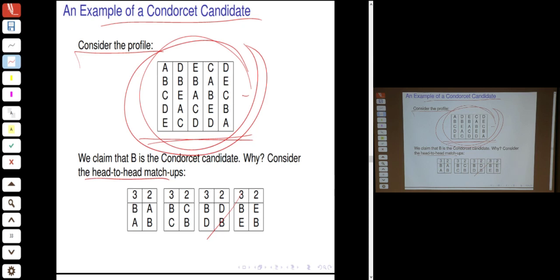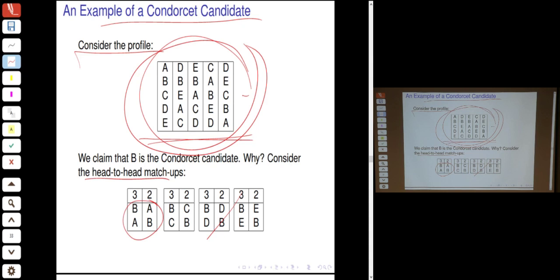Just the relative ranking of B and this other candidate would matter. The positions of the remaining 3 candidates would not be taken into account. Then B should win the simple majority of this head-to-head matchup with every other candidate. So let's now look at what is going on. Let's first consider the head-to-head matchup of A and B.